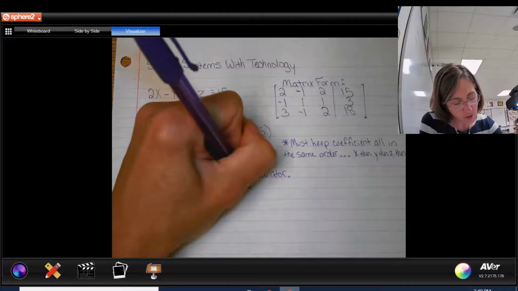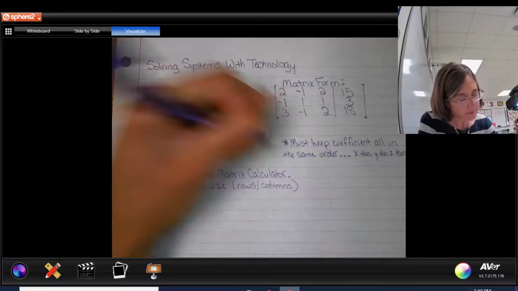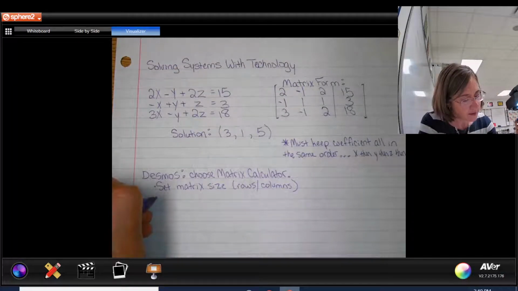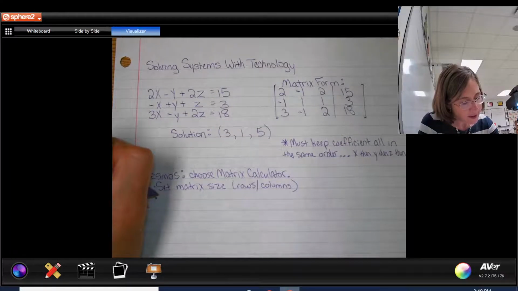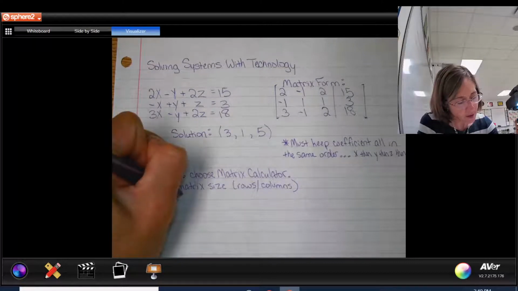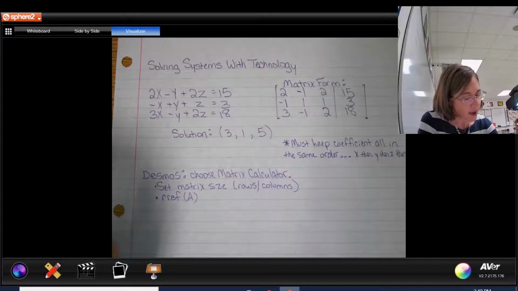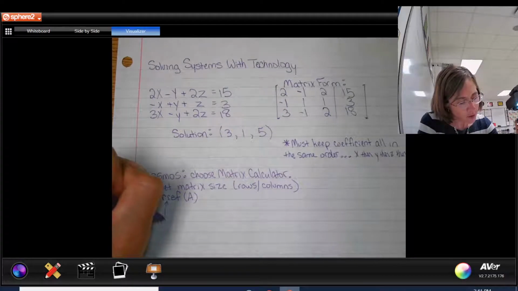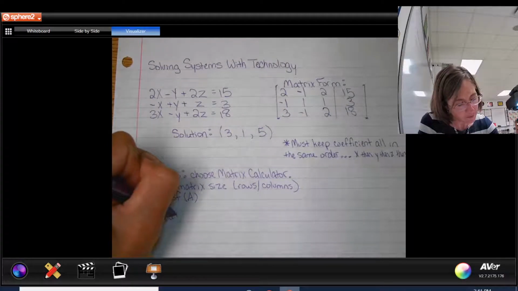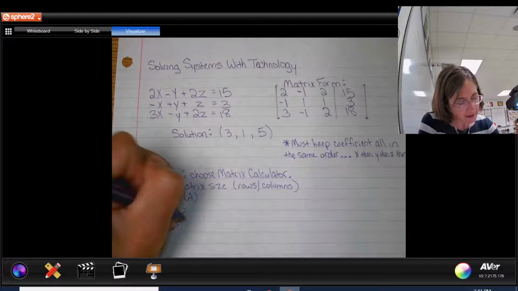That's where you enter the rows and columns that you need. And then we want RREF of whatever matrix. It's probably going to be A is the default one. So that stands for Reduced Row Echelon Form. Ooh, how do you spell echelon? I think that's it.